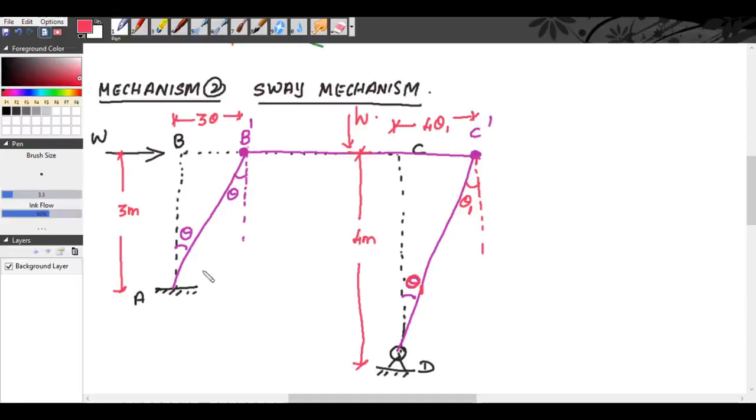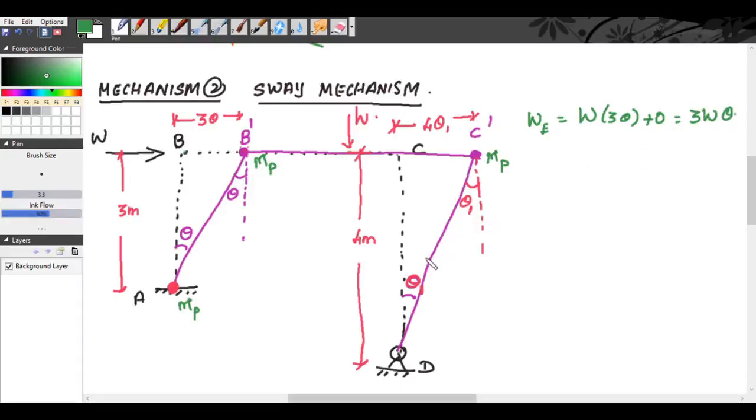At A we will have a plastic hinge because it is fixed support. So our plastic moments are, at A we have MP, at B we have MP, at C we have MP. Now the external work done is equal to external loads into distance under the load. So at B, W into this distance, 3 theta, plus for this load there is no distance under it, so there is no work done. That is 0. So it is 3 W theta.